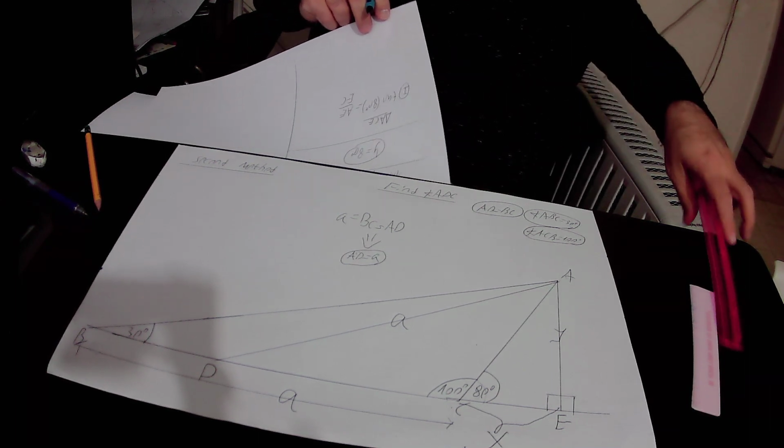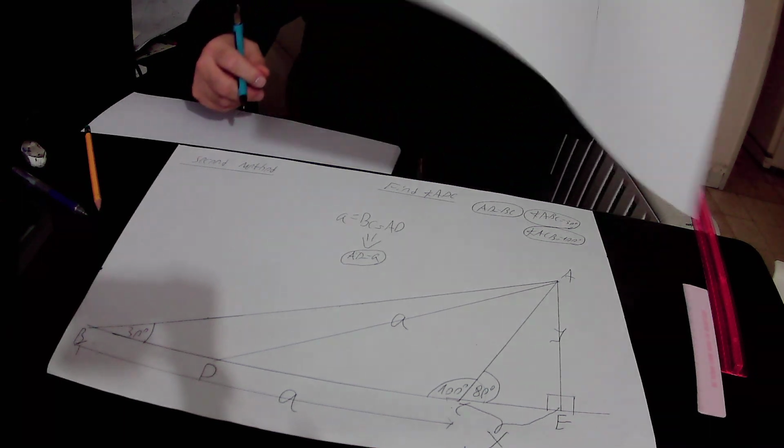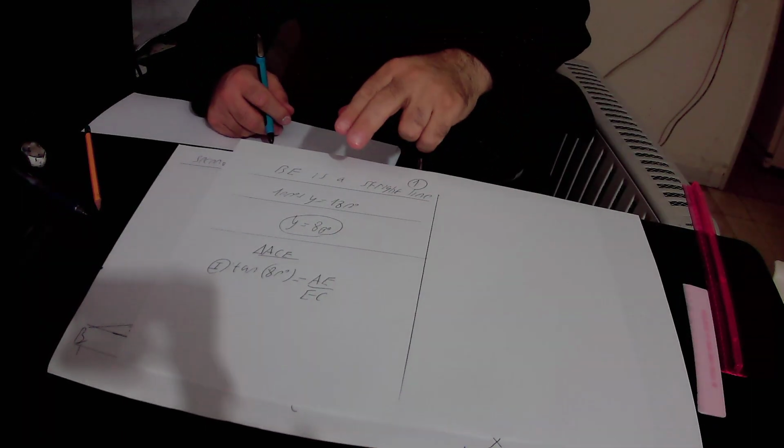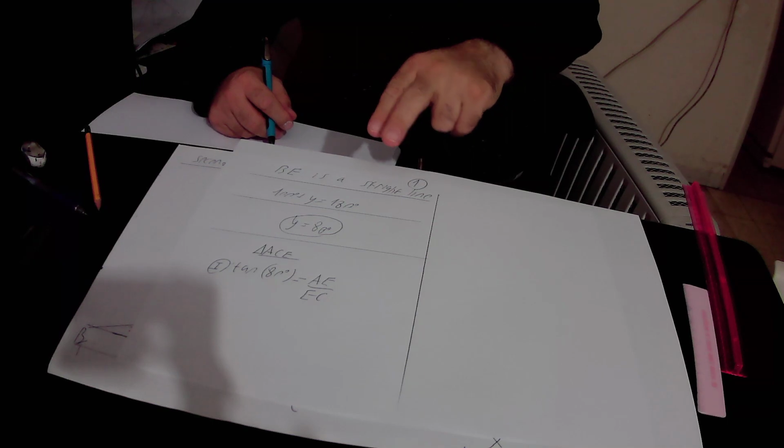I will repeat again. In the right small triangle, triangle ACE, we know that tangent 80 degrees equals AE over EC.